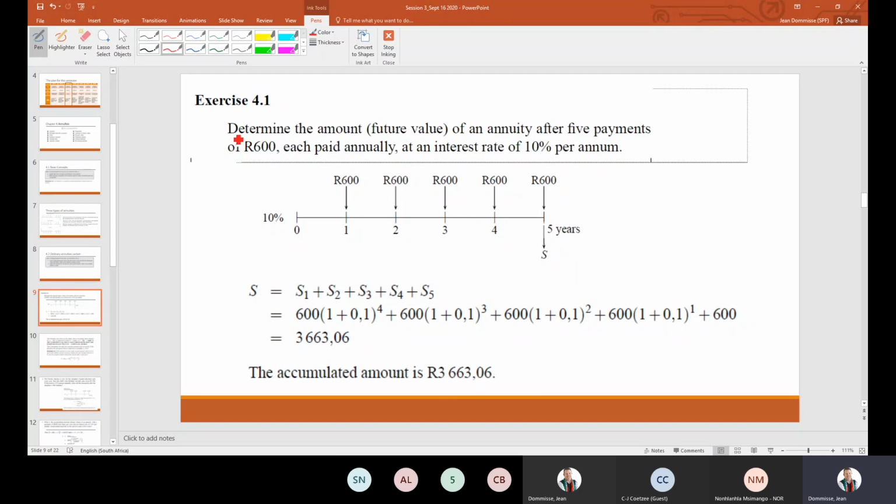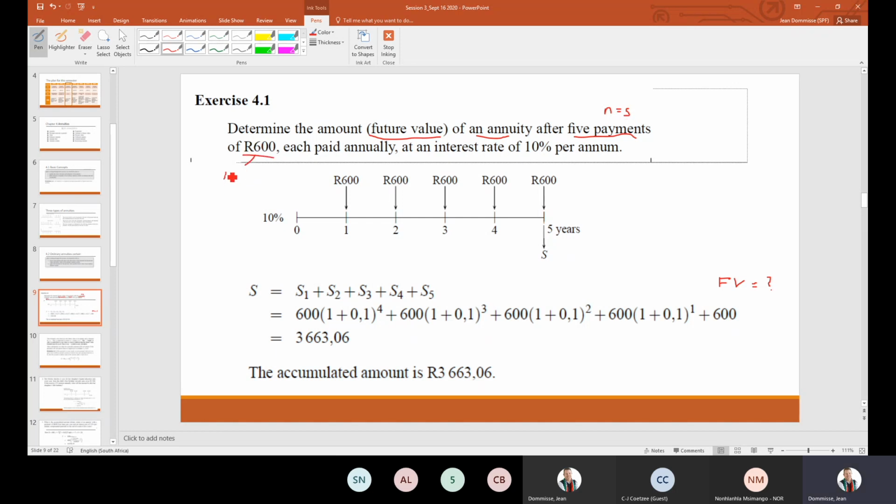So let's quickly look. We need to determine the future value. That is basically what we want to get in the end. They tell us it's an annuity after 5 payments, so we know that n is equal to 5, and the payment is 600.